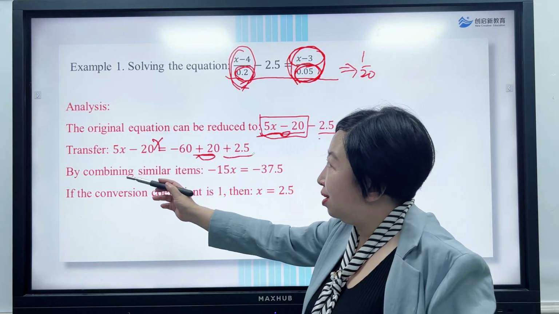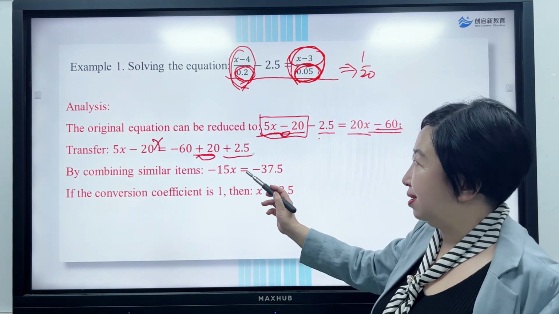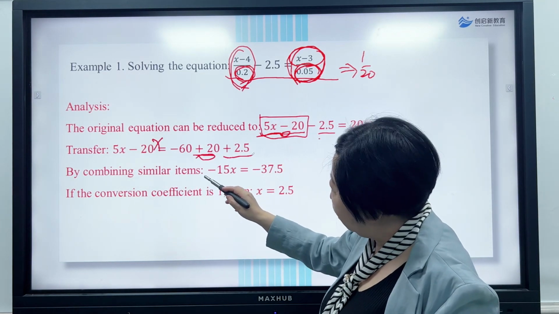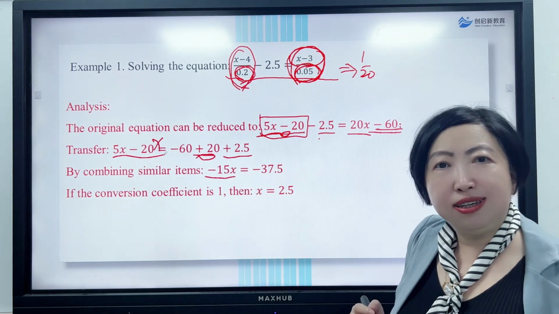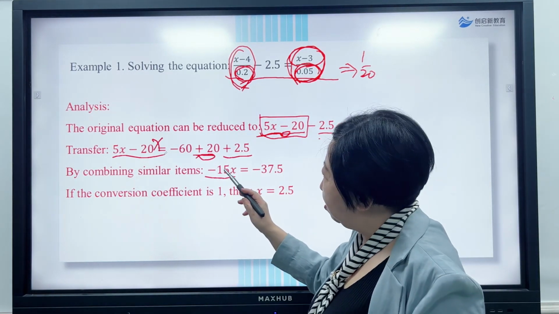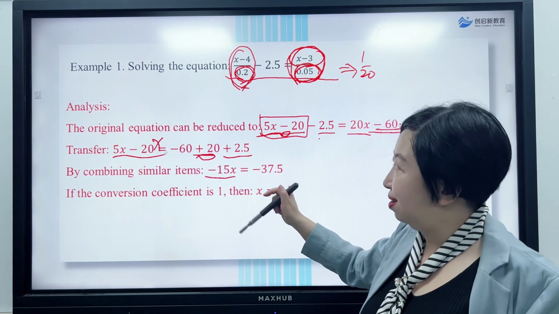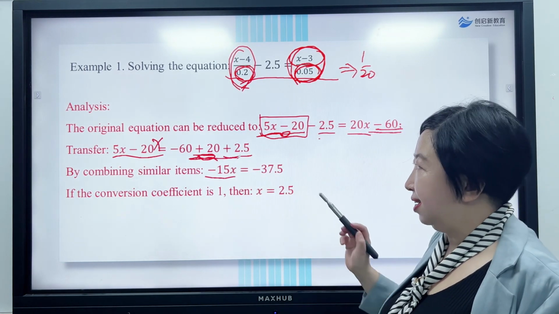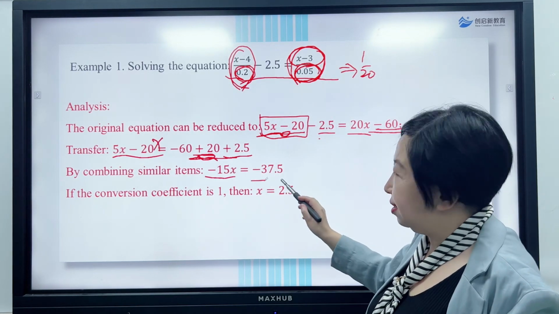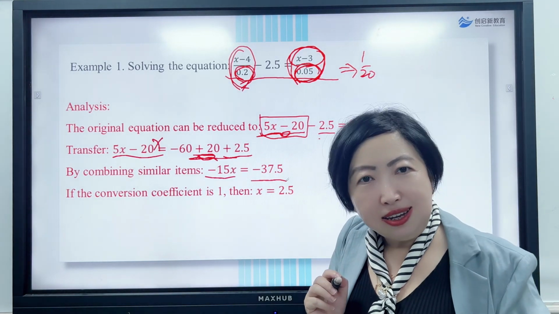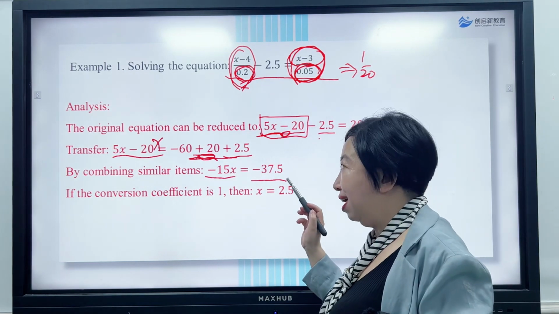Then we combine the similar terms: 5x minus 20x equals negative 15x, and the numbers combine to negative 37.5.